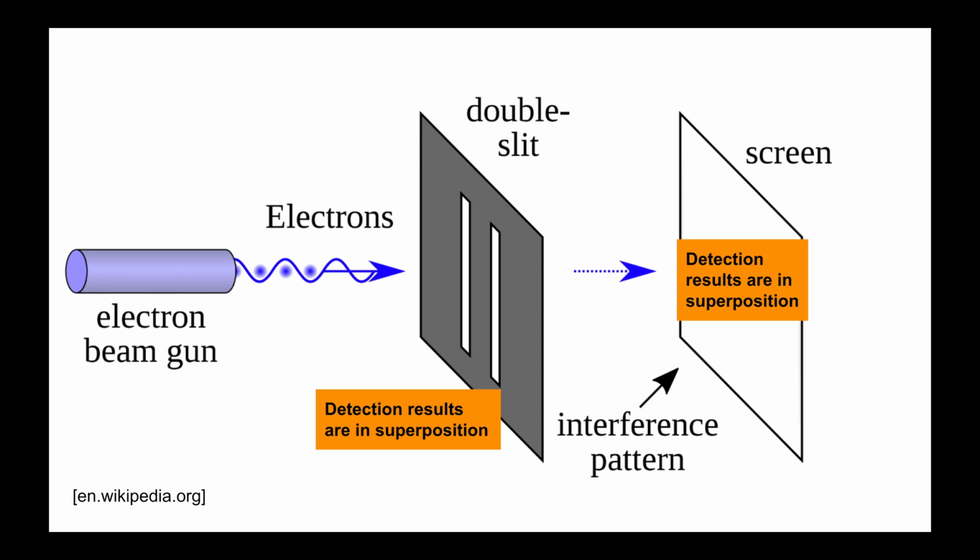For example, the detection results are in superposition. Superposition means that if we don't measure the electron's position, the electron goes through two slits at the same time. So the electron is in superposition on the two slits. It's everywhere.